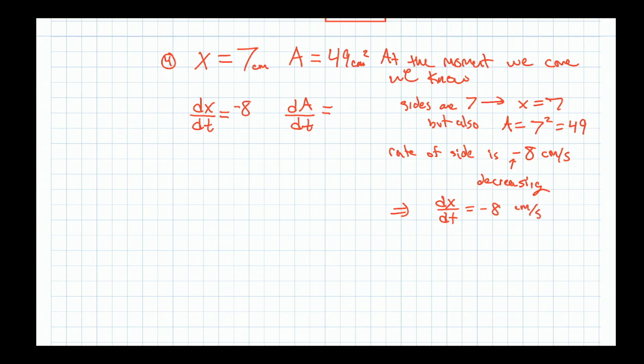So you put that here. Negative 8 cm per second. So we know most of these now. We know x. We know the area because it's just x squared. They told us the rate of change of x. What they did not tell us was the rate of change of the area. Right? This is the only one that we're missing.